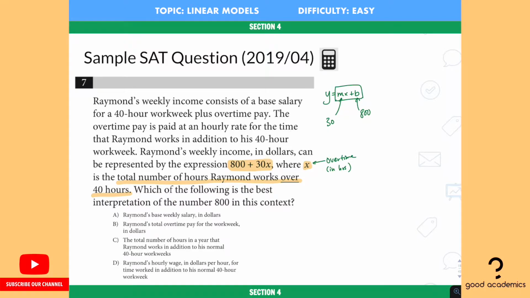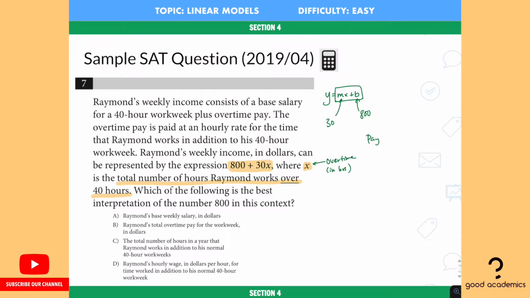Let's think about what the pay would be if x is equal to 0. If x is equal to 0, the pay would be 800. And if x is equal to 1, then it will be 830. If you just think about these two what-if questions, then you can have a great idea what that 800 stands for.